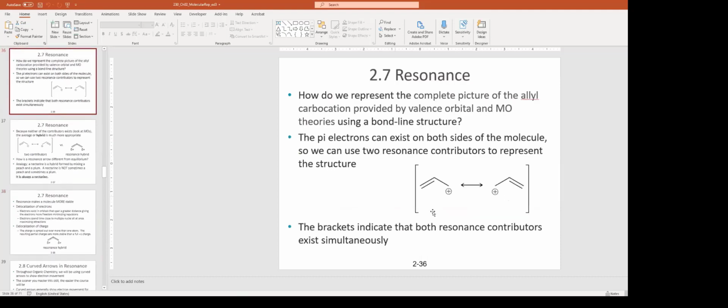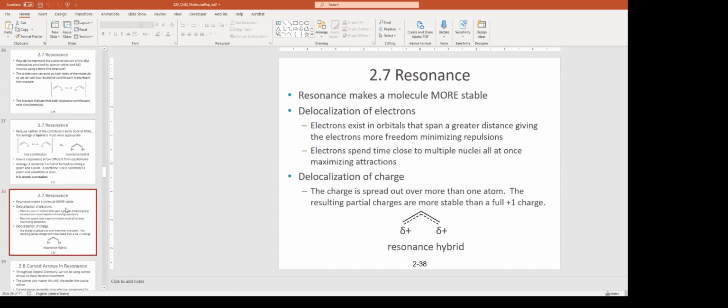So I would not say this side is the only positive side and this is the only positive side. It's the formal charge. Formal charges are generally unstable. This spreads out the formal charge. Okay. And so ultimately, it's better to have electrons over many nuclei than just one in general.